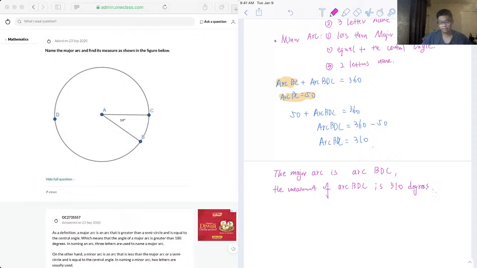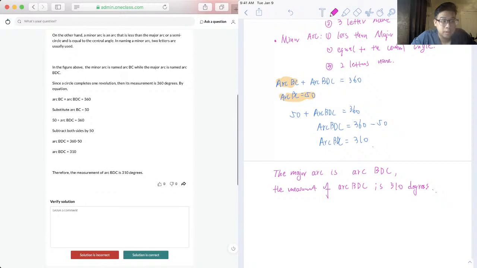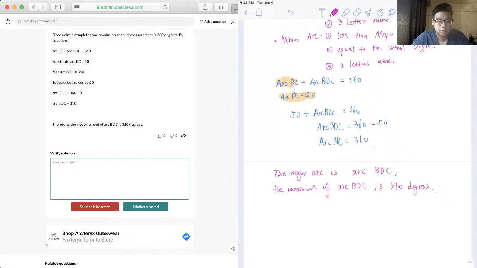Right. So that is our final answer. Let's see what the tutor's got here. Arc BDC, measurement of arc BDC, right. All correct. Good work.